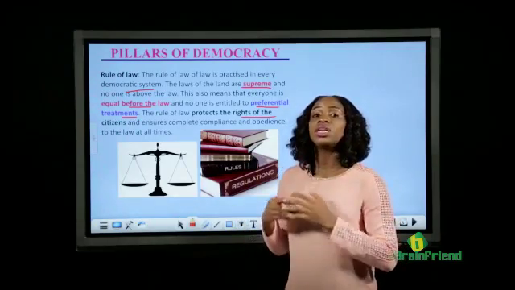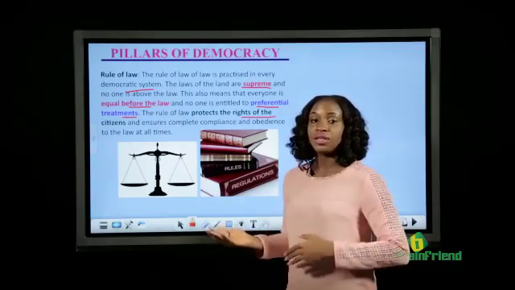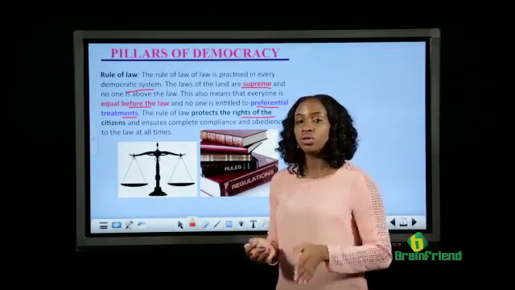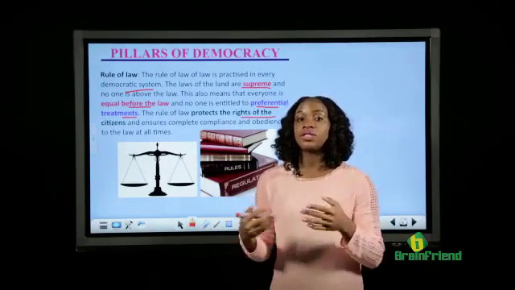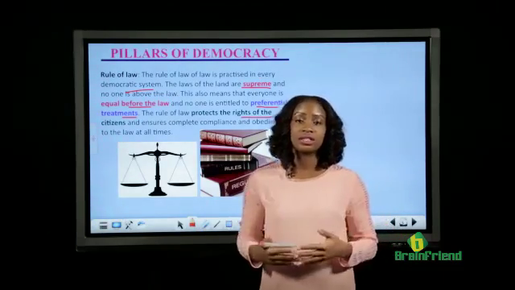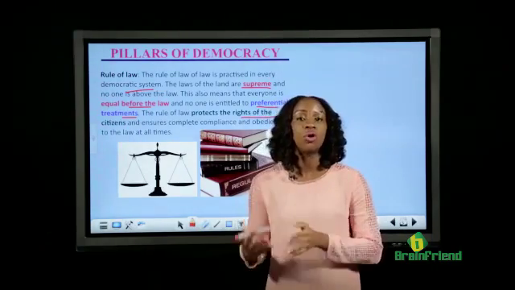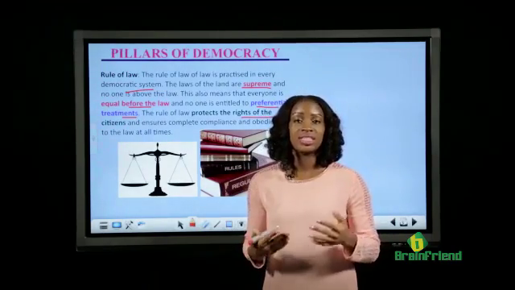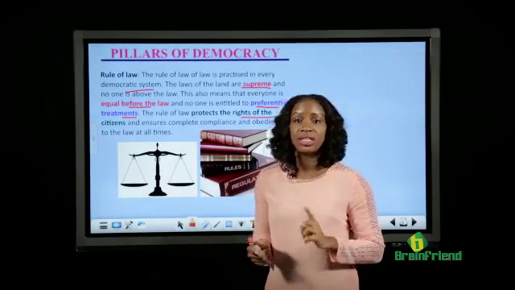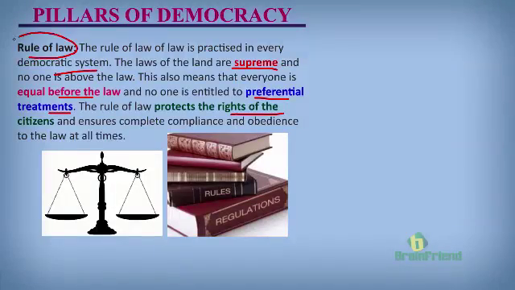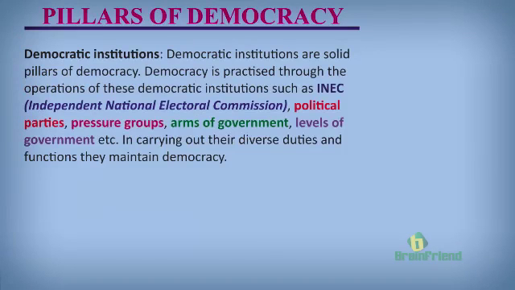And when everyone is behaving or acting according to the law, that helps to promote democracy. If the president or the leaders of a country feel that they are above the law and begin to do autocratic things, then it is no longer democracy. But when everybody abides by this principle of the rule of law, then democracy can thrive in a country or state.